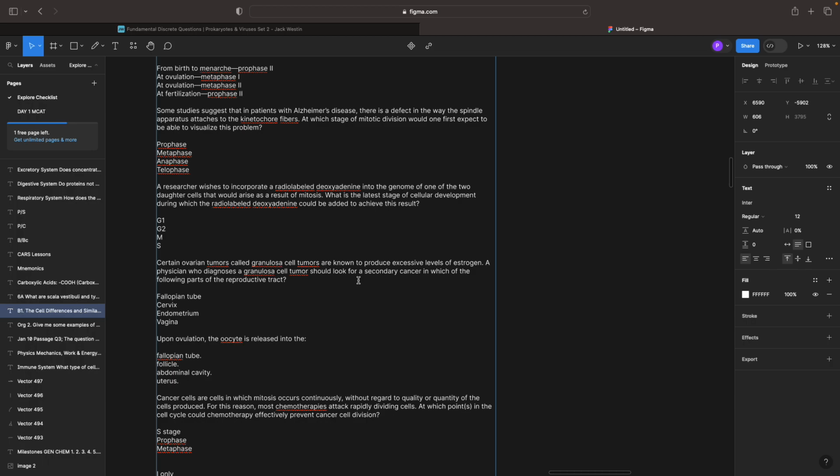A researcher wishes to incorporate a radio-labeled deoxyadenine into the genome of one of the two daughter cells that would arise as a result of mitosis. What is the latest stage of cellular development during which the radio-labeled deoxyadenine could be added to achieve this result?